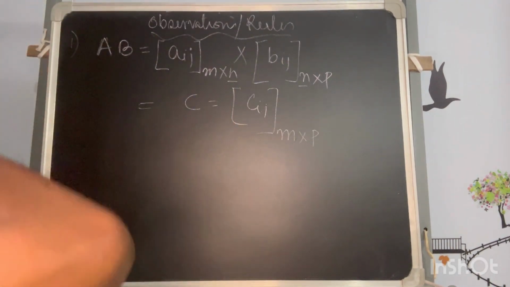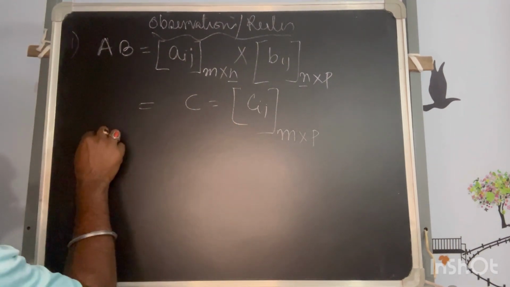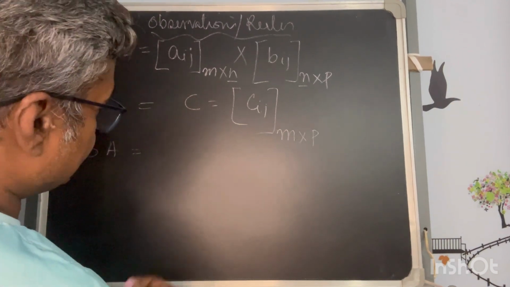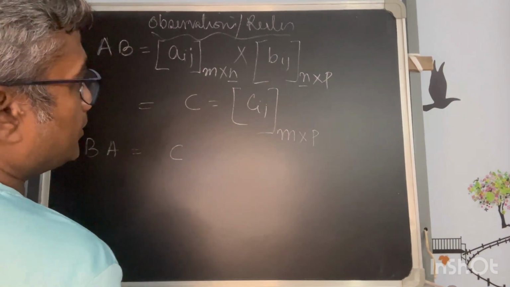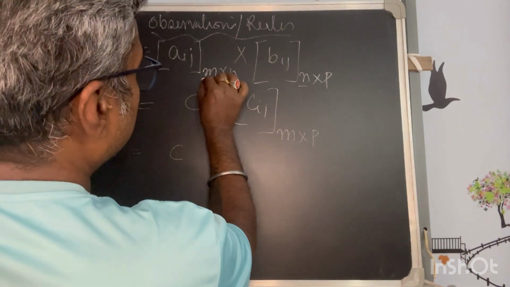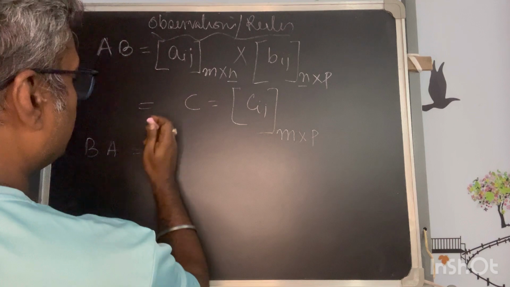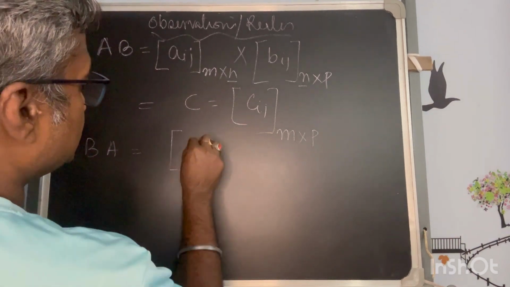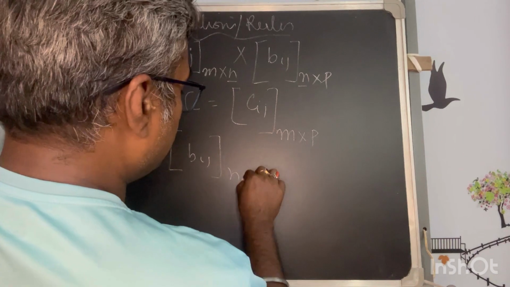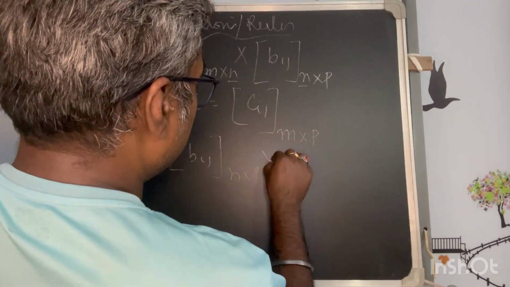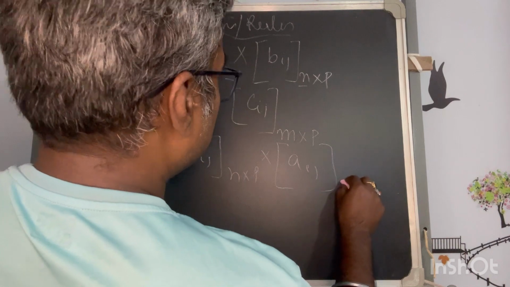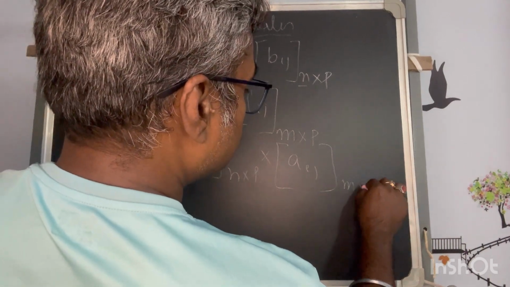But if I want to get the reverse of that, as C, you can understand what would be the case when I reverse it. This will be arranged as Bij, n into p, into Aij, m into n.